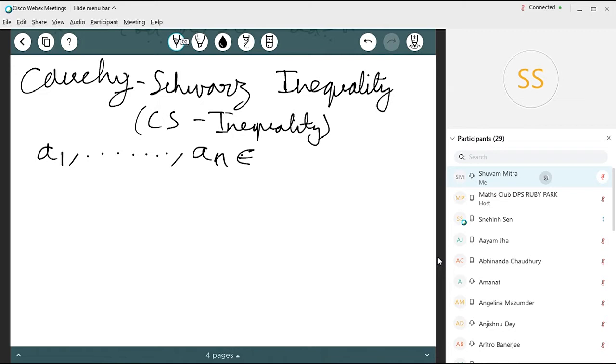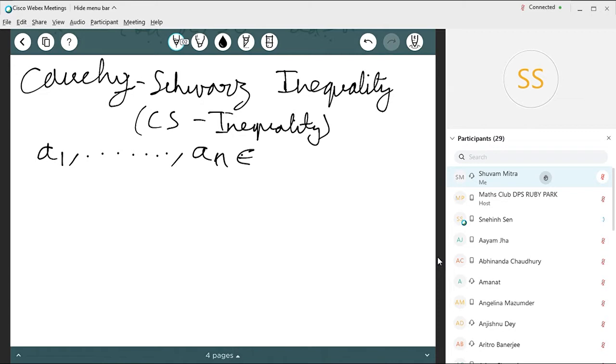Many write it as Schwartz, but it doesn't matter that much. Both of them are acceptable. It's sometimes just known as the Schwarz inequality, by the way. So let's continue.